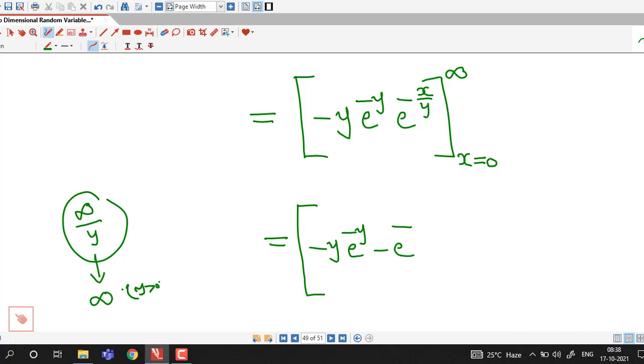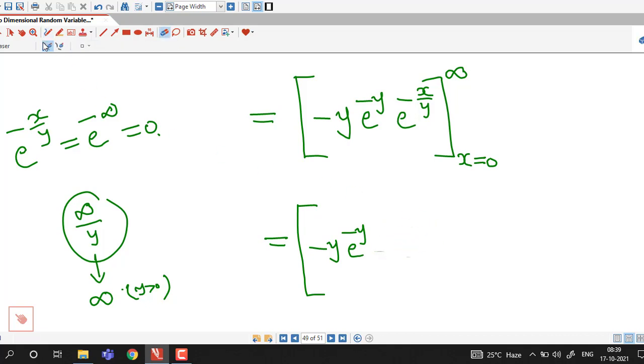So e raised to minus x by y will be equal to e raised to minus infinity if we take x tending to infinity, and it becomes 0. So first we write here e raised to minus infinity for x equal to infinity.